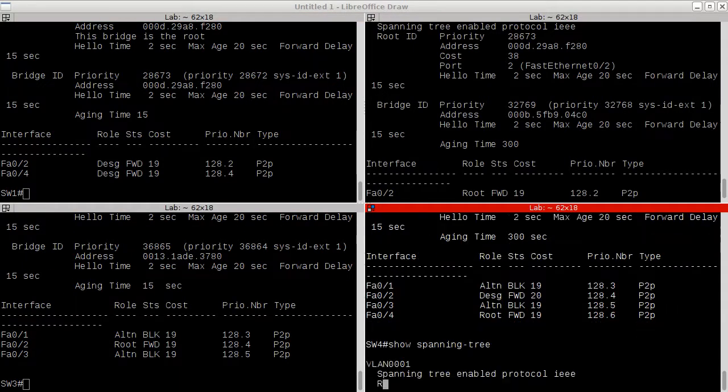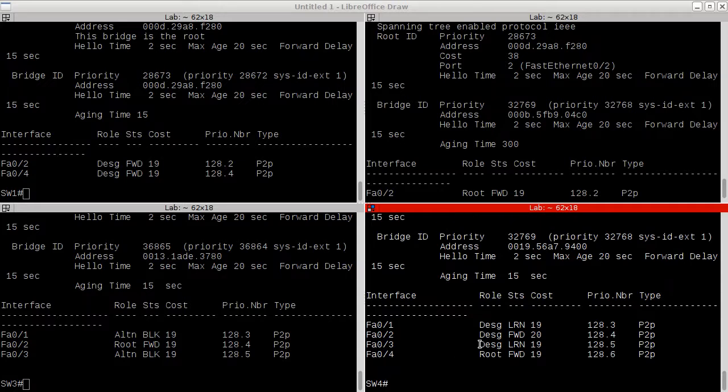It actually seems like the priority is considered part of it, because now this side is blocking and this side is forwarding instead.